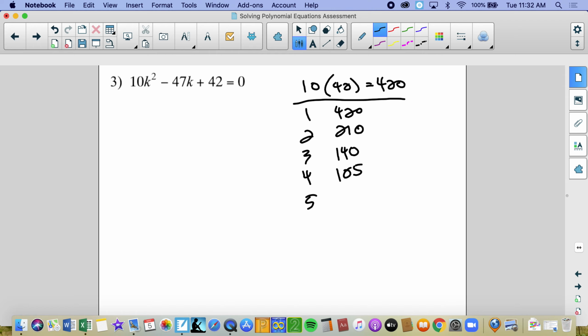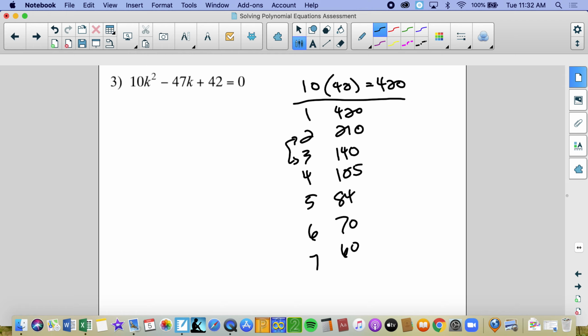5 goes into it because it ends in 0. 420 divided by 5, 84. 6 goes into it because 3 and 2 go into it. And that's 70, because 6 times 7 is 42. 7, yeah, I would assume 7 goes into it, and 7 probably goes into it 60 times, yep. 8, does 8 go into it?